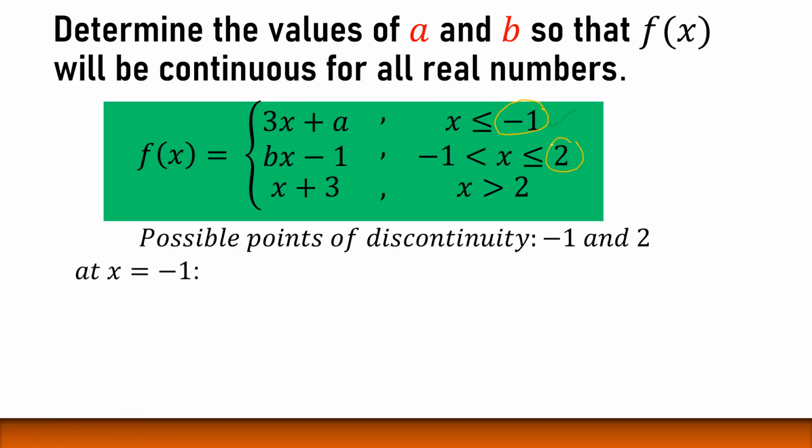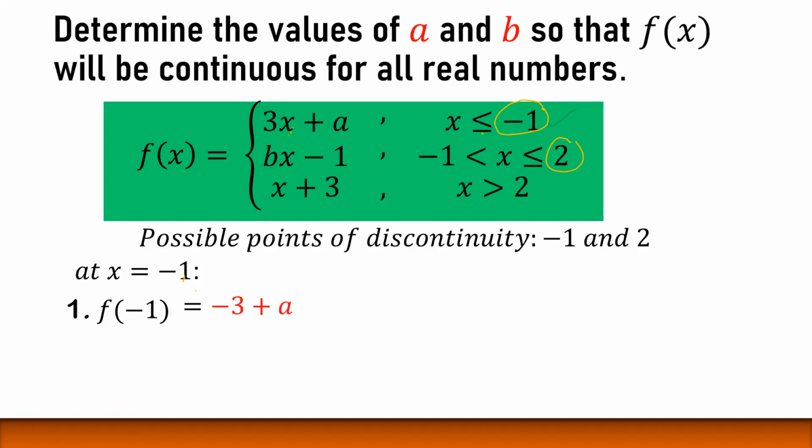Okay. So at x equals negative 1, we have here, ito yung ating equality, that will be 3 times 1 plus a. Remember, x yung nire-replace natin, ng negative 1. So that will be negative 3 plus a. So yan po, no?